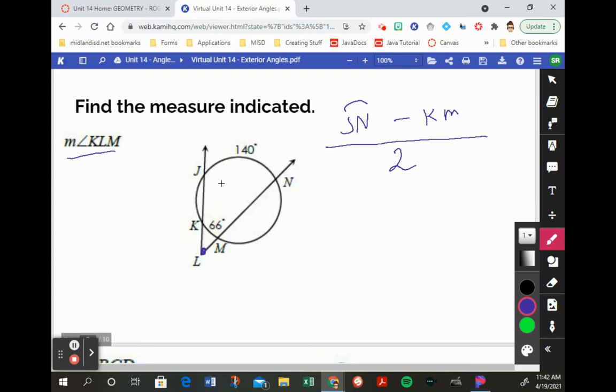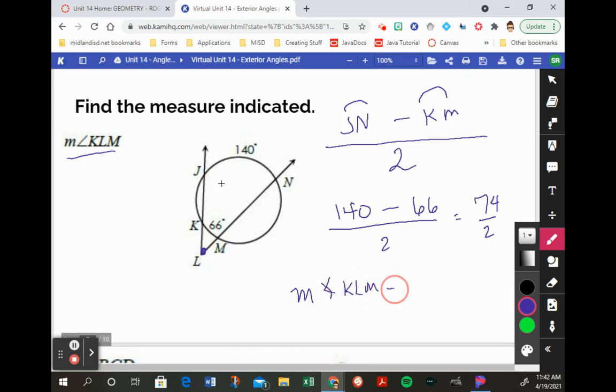Not a segment, Miss Rogers. It's an arc. So JN is 140 minus 66 all over 2. So 140 minus 66 is 74 divided by 2. And I get 37. So the measure of angle KLM is equal to 37 degrees.